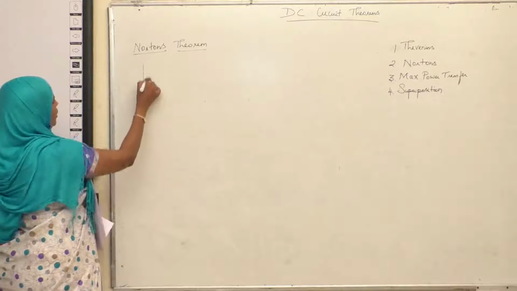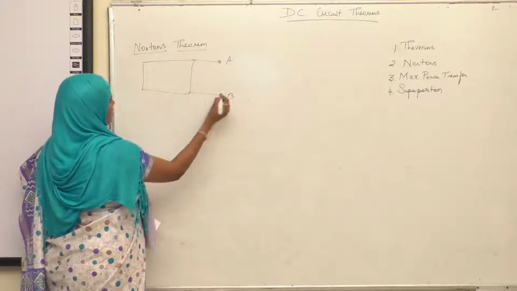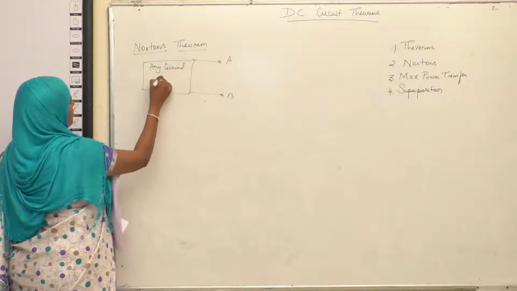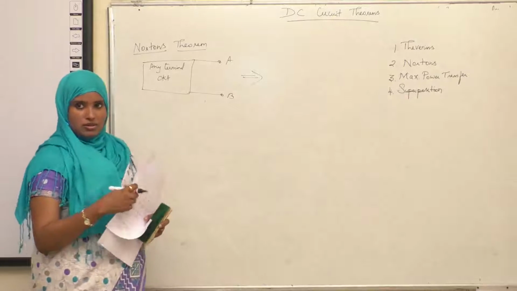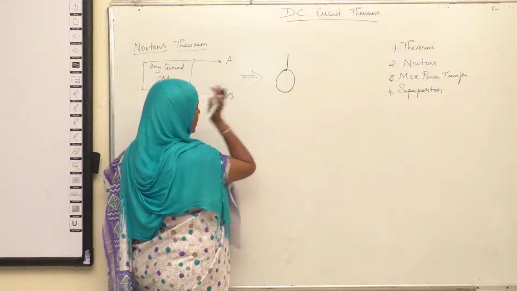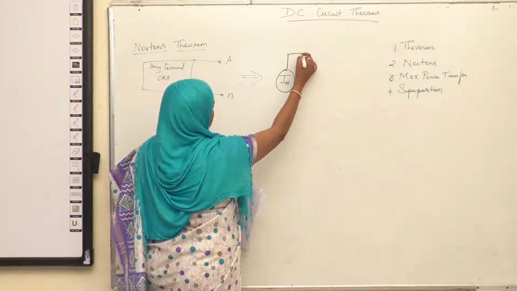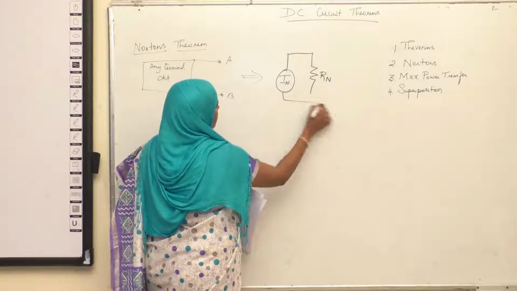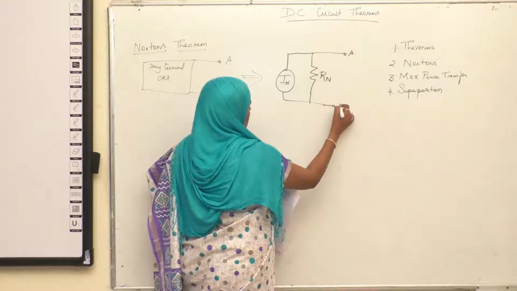Here also, any two terminal circuit can be replaced with a simple circuit, but here instead of voltage, it consists of current: Norton's current parallel to Norton's resistance.